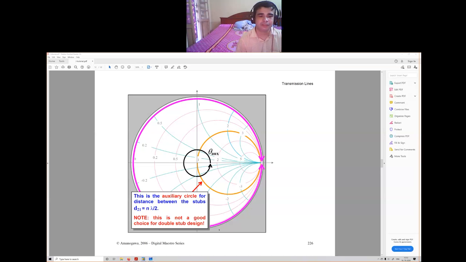What happens when it is lambda by 2, obviously it is the same circle, right? And why it is not a good choice, we will see later.